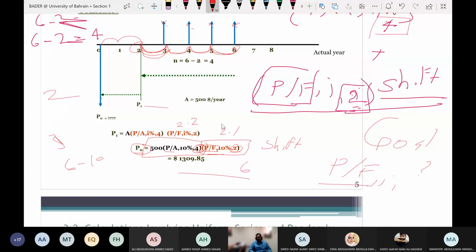Okay. You want to keep it? 10 minus 6 will tell you what is the shift period and what is the remaining. The 6 is going to be the shift, and this one is going to be a period.